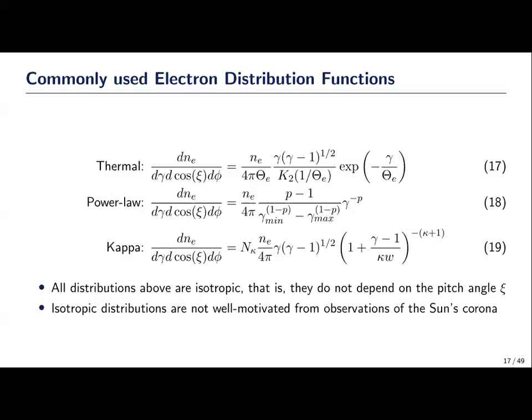Recently, I think in 2006, in a paper from Xiao, a kappa distribution was proposed that is a thermal-like core and a power law tail. The idea is that hopefully this describes the electron distribution function in interstellar, low-collision, highly magnetized plasmas accurately.